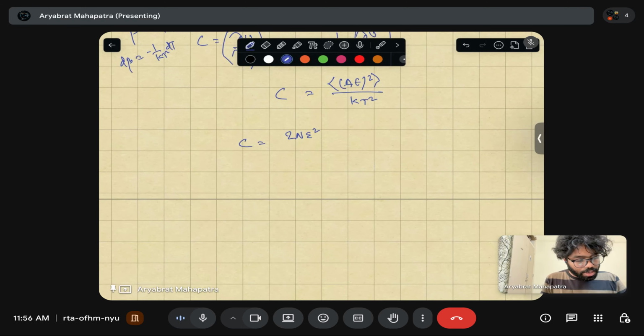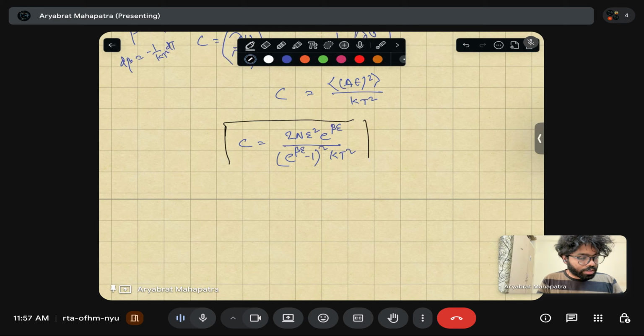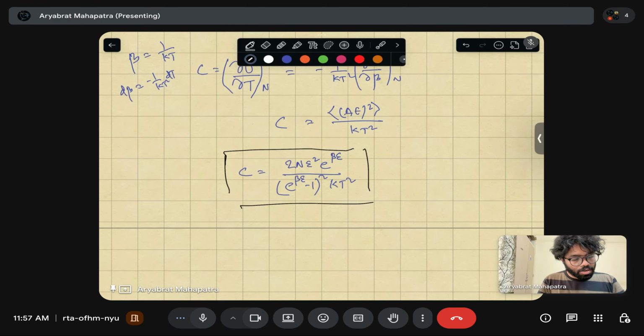And for specific heat, the same fluctuation energy will be here, divided by kT square. So it's exponential beta epsilon minus 1, whole square. So this will be your specific heat, and this is how specific heat is related to your fluctuation.